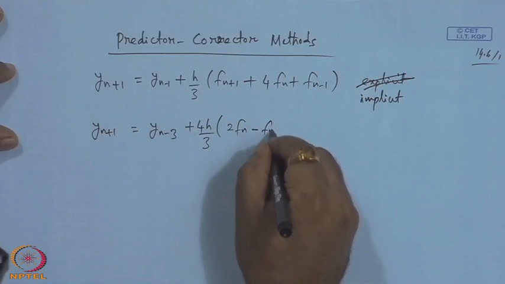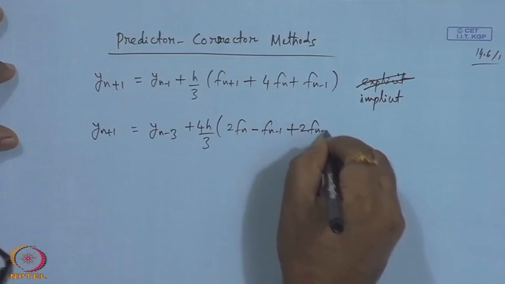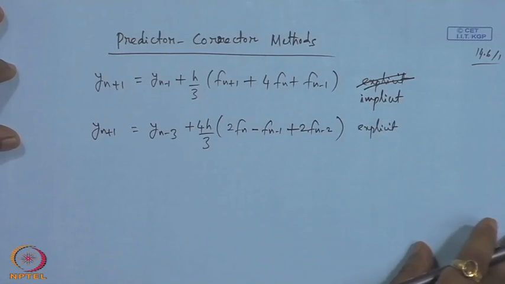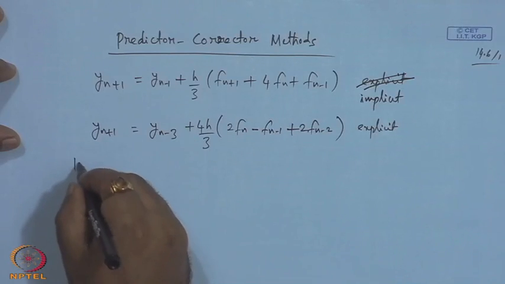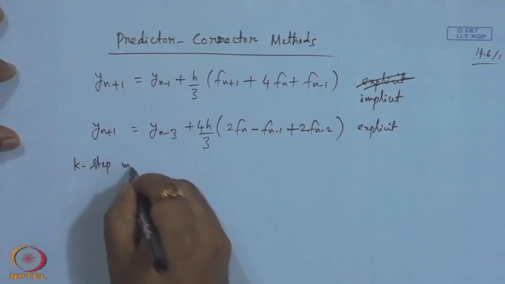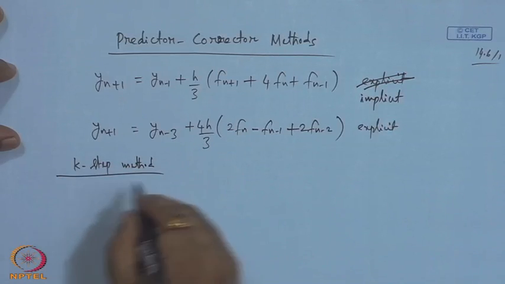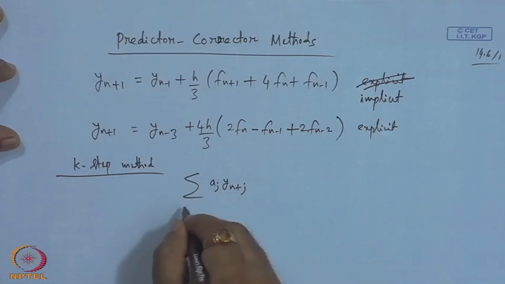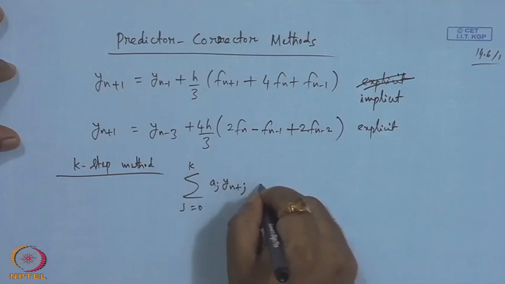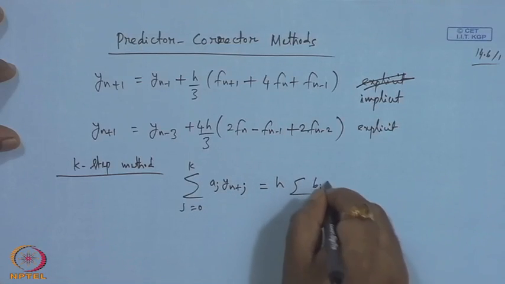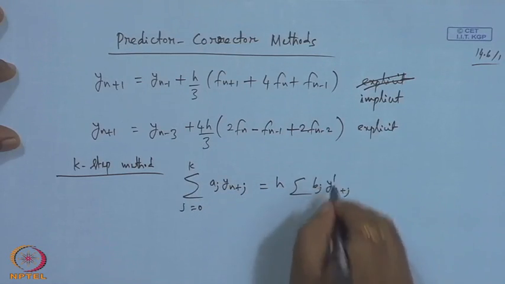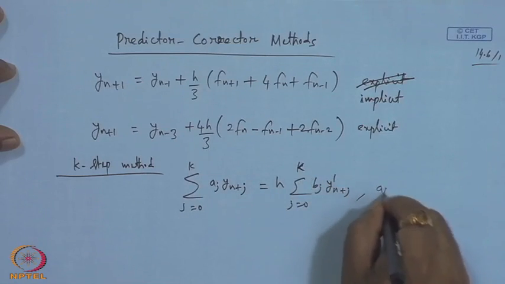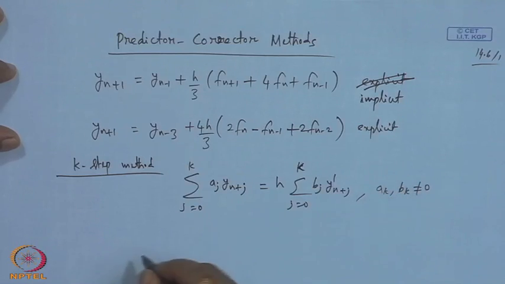This is an explicit method. So, a general k step method, as we have seen, where a k and b k are non-zero.